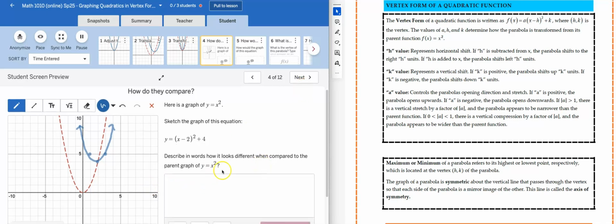And our vertex, let me write it in here, it'll be kind of big, but our vertex would be positive 2, comma 4. And you can see that those show up over here in the equation, right? So opposite of what's inside, and then exactly what that is. Okay, do you have any questions?